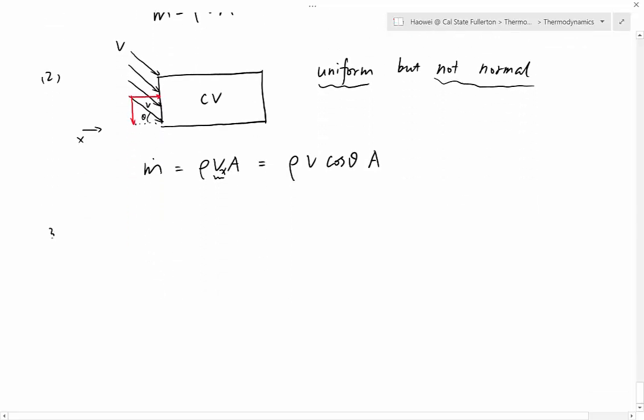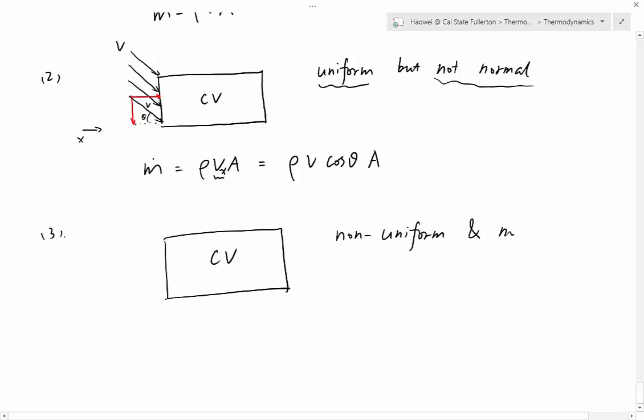And then we have case number three. Still, you have a control volume, and this time the velocity is non-uniform and not normal either. Okay, so it can be anything like this, not uniform and not normal.